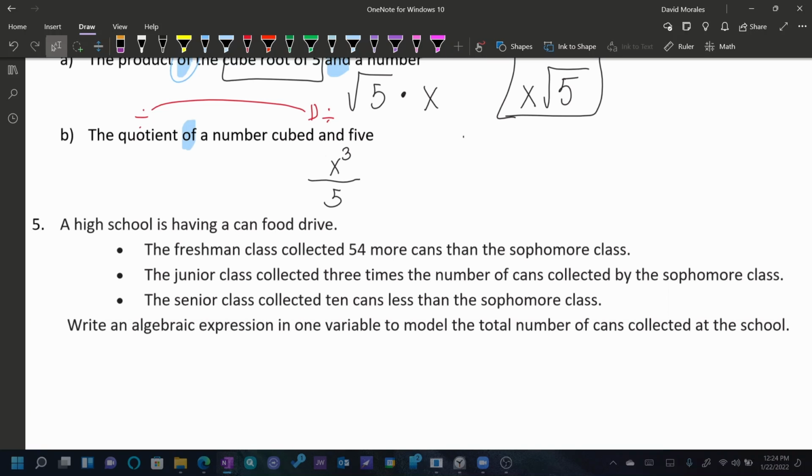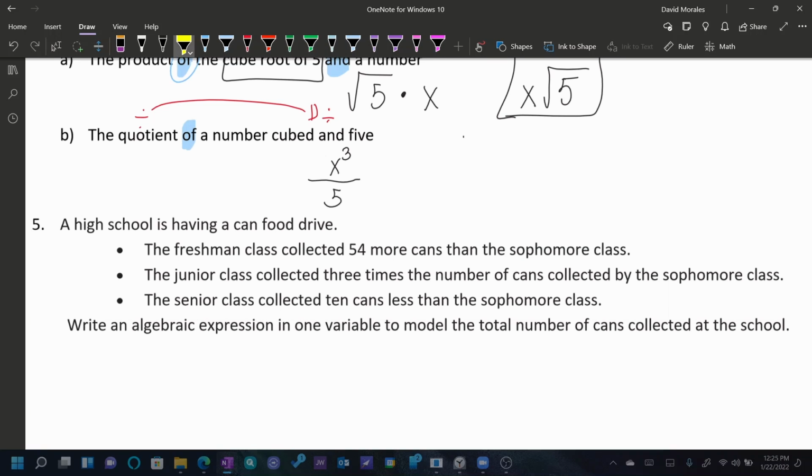The junior class collected 3 times the number of cans collected by the sophomore class. The senior class collected 10 cans less than the sophomore class. Well, what is the question asking? It says write an algebraic expression in one variable to model the total number of cans collected at the school.